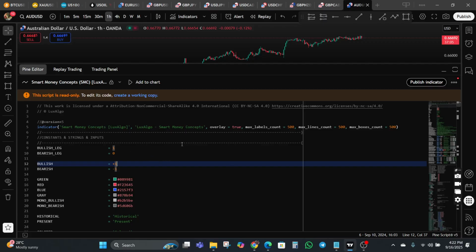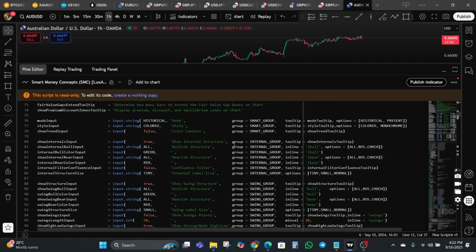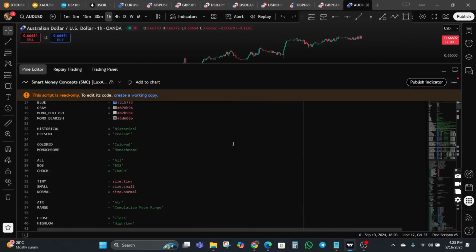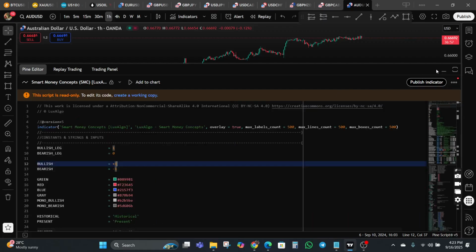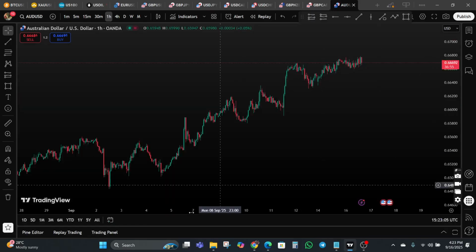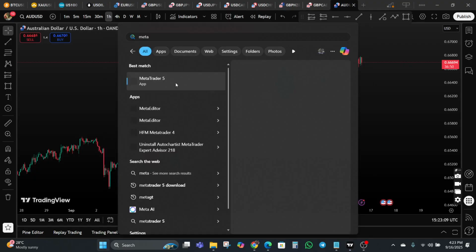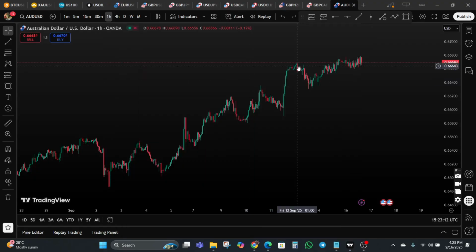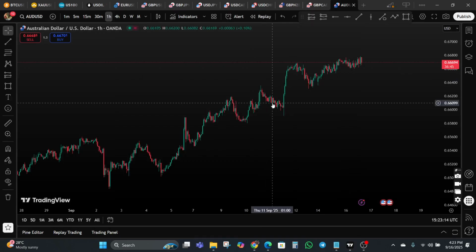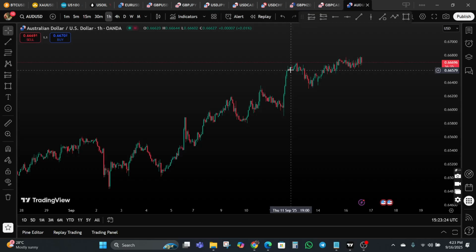Put in a code, and test out perhaps a strategy on the Pine editor, all right? If you are using MetaTrader 5, you can also take advantage of the built-in strategy tester to test out automated strategies, all right, to see how they performed in the past, okay, and know whether you are going to be profitable with it in the future.